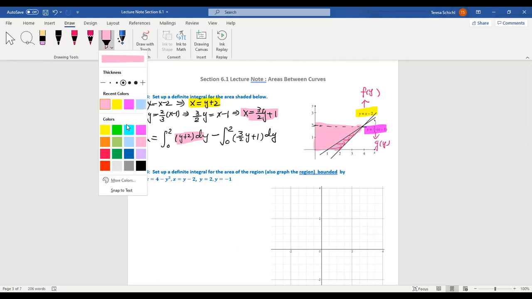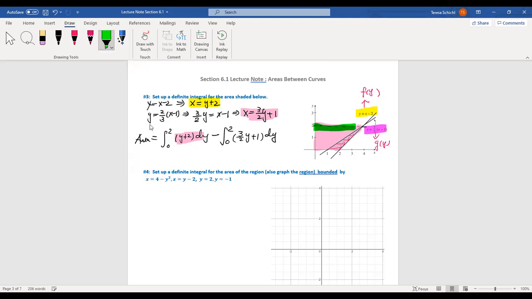All right, so what is this one? We are trying to get this area, the green one here, correct? Right, so it will be everything to the left of the function and to the right of the y-axis here. So let's highlight, this is my green area.